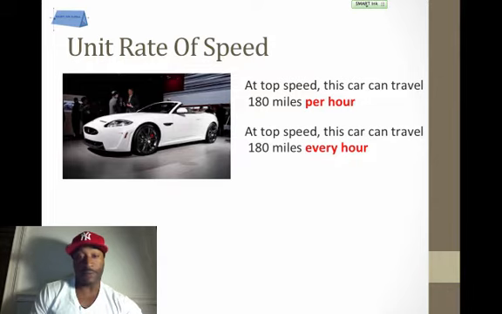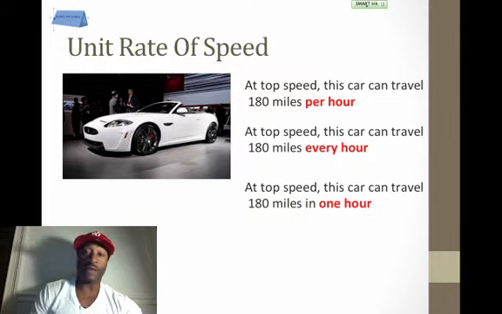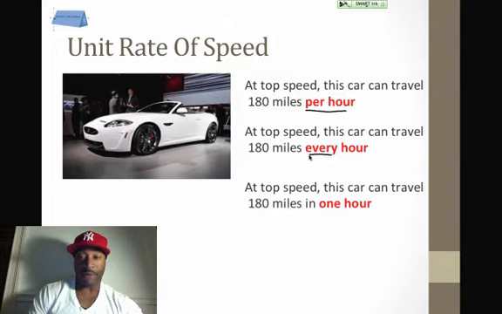Let's take it a step further. The manufacturer can also tell you that at top speed, this car can travel 180 miles in 1 hour. Now, the important thing to understand is that the per hour, the every hour, and the 1 hour all mean the same thing, but they're just said in a different way.